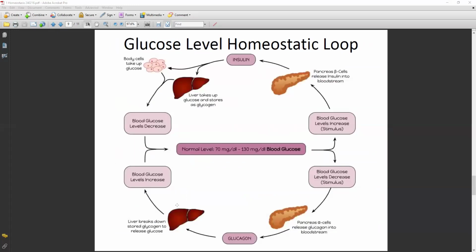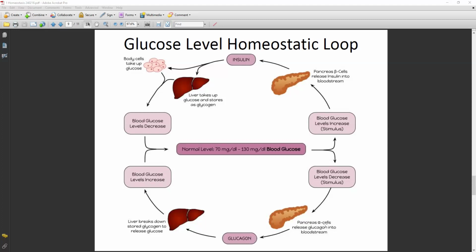And then if the blood glucose level is low, our body has another sensor to detect it. The sensor to detect the low blood glucose situation is the alpha cells in the pancreas.